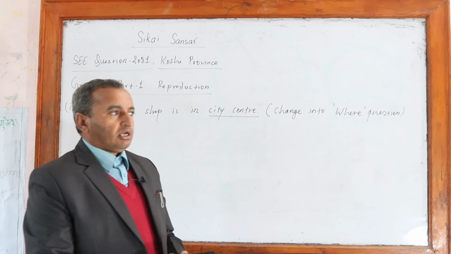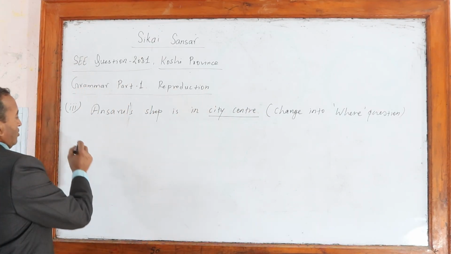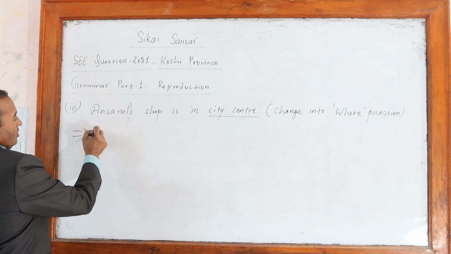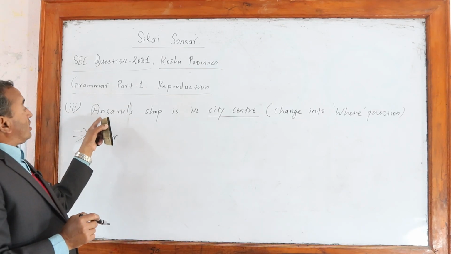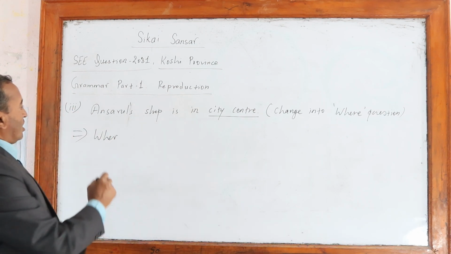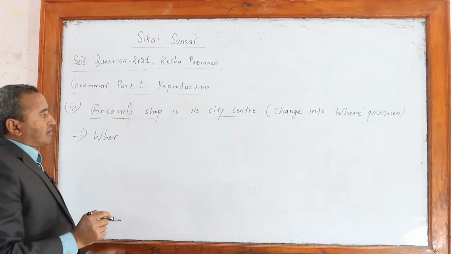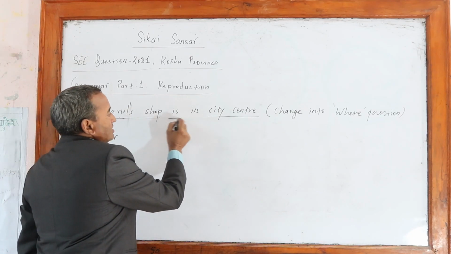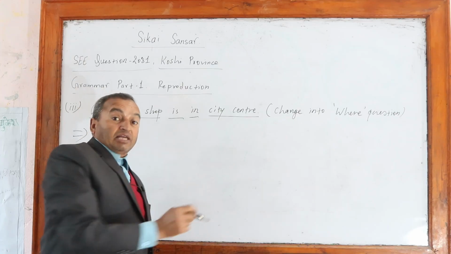So why not write first of all where? Ansarul's shop is in city center. Ansarul's shop is the subject, is is the auxiliary verb, in is the preposition, and city center is the place.